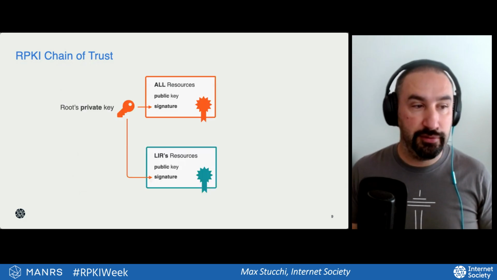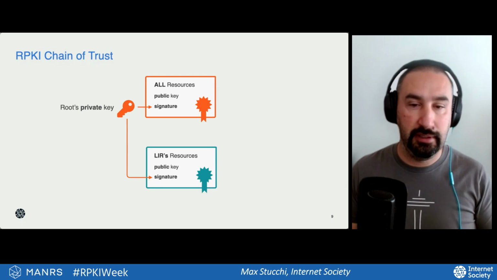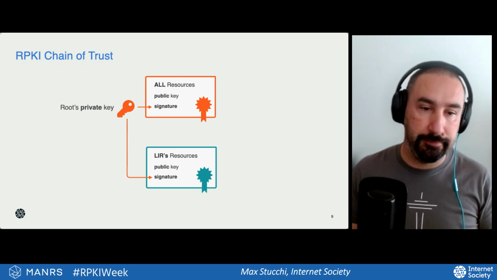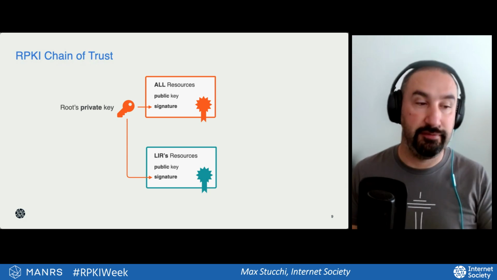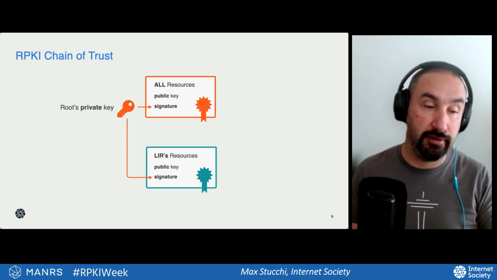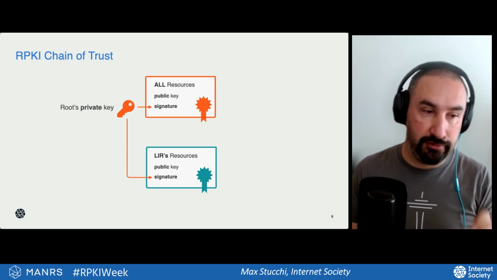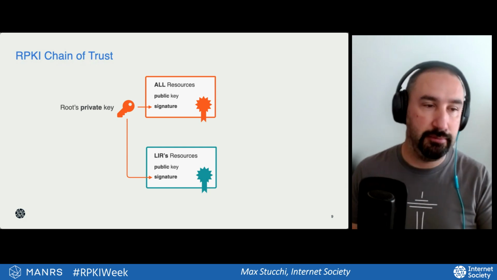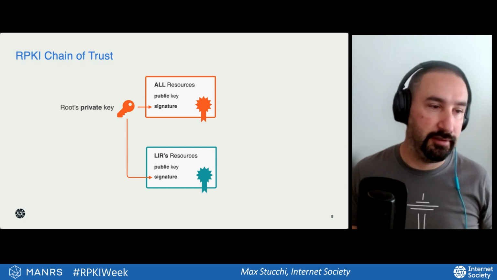And the two are connected together. So there is a signature from the root that enables us to say this certificate authority, this certificate from the member is truthful, is okay, we can still trust it. So we start here with building our chain of trust. That's the fundamental part of RPKI.